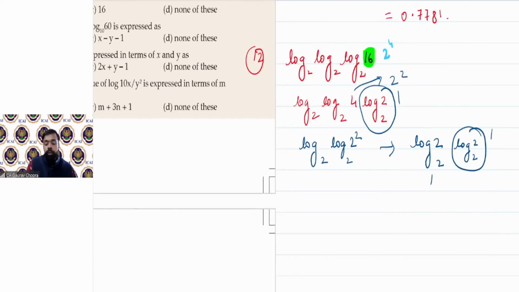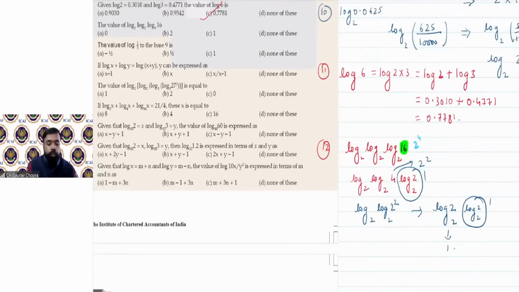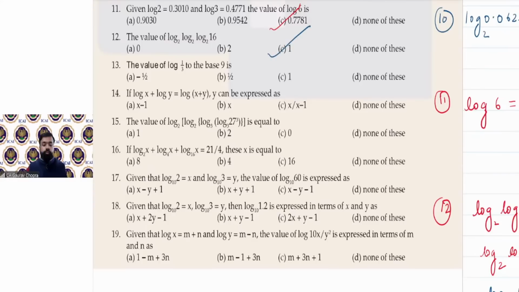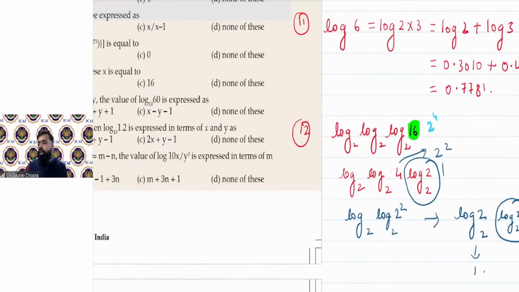Therefore, you can select option C. This was question number 12. Very important. Understand it carefully, apply it very easily. 16 is 2 to the power of 4. 4 is jumping forward, and 4 can be written as 2 square. Again, 2 will jump forward, and log 2 base 2 is 1.